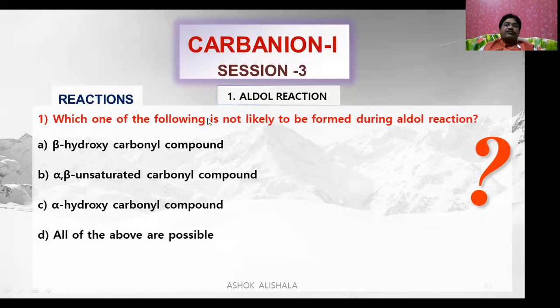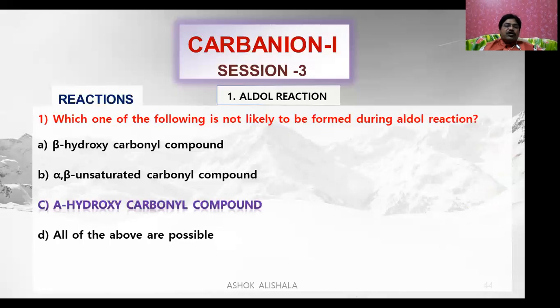Can you guess? This one does not form, that is A for alpha. Alpha hydroxycarbonyl compound is not formed. Why? Because you will get the alpha beta unsaturated and beta hydroxycarbonyl compound, not this alpha hydroxycarbonyl compound.